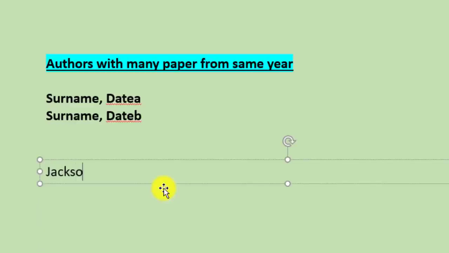For example, if the author is, let's say, Jackson, and the paper is from 2013, and there are 2 papers in 2013, then it is 2013A. So something like Jackson 2013A and Jackson 2013B.